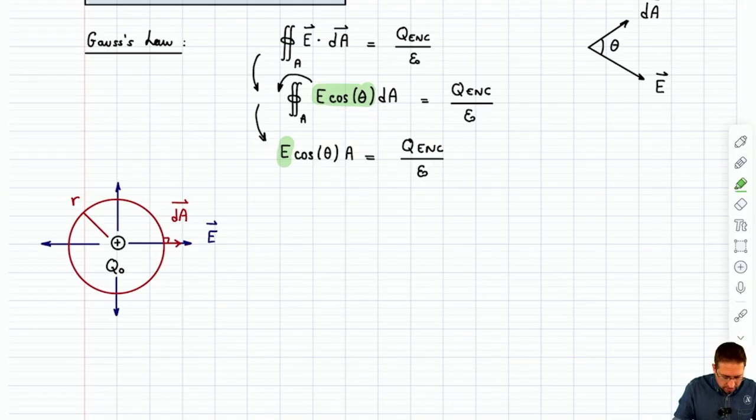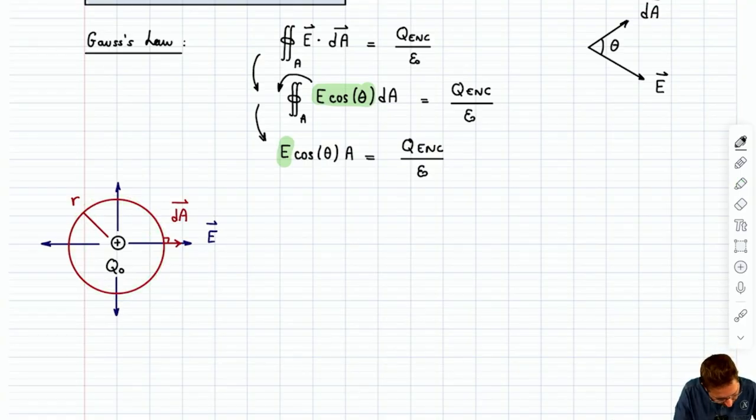In addition, on the surface of the Gaussian sphere, everywhere you are is the same distance from Q0. So there is no reason why this electric field here should be stronger than this one here or stronger than this one here. That doesn't make any sense. We're the same distance from Q0 everywhere, so the electric field in magnitude is constant on my Gaussian sphere.